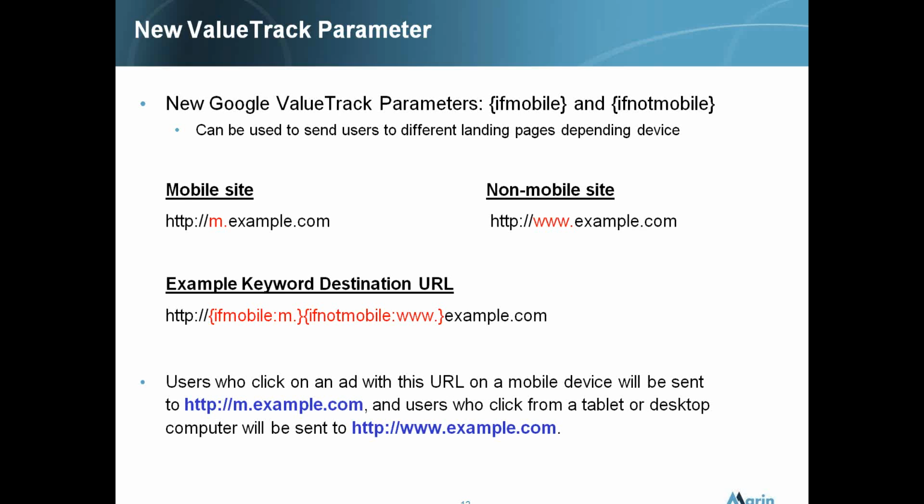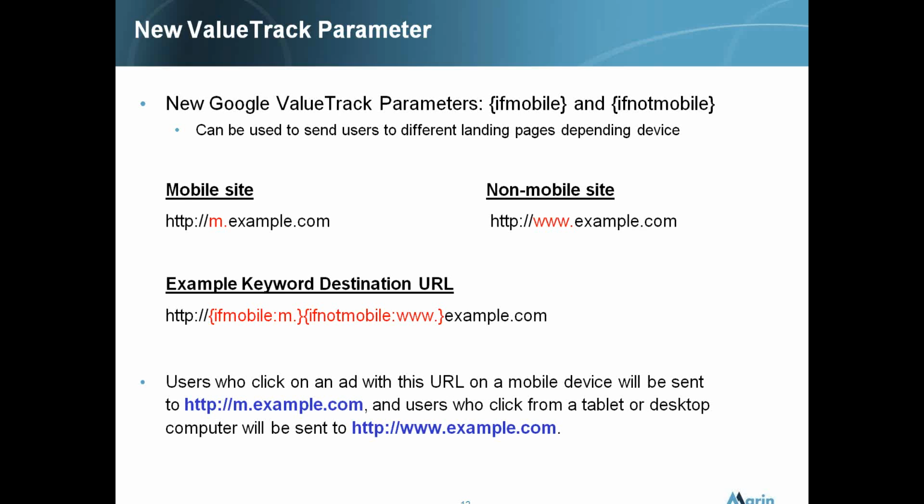So you'll see that it starts off with the HTTP as a standard URL would, and it ends with your domain. But before that, it has the ifmobile m dot and the ifnotmobile www dot. And this is how your URLs will look should you choose to use this ValueTrack parameter.